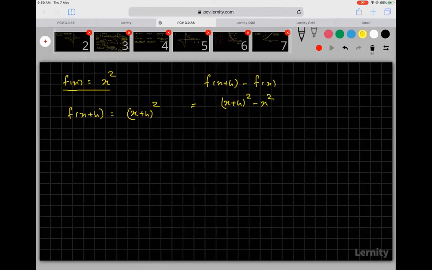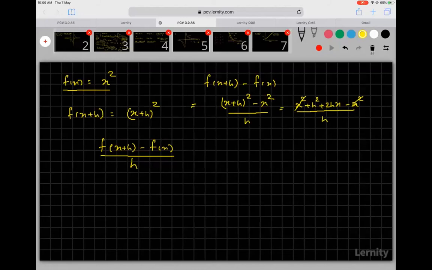Now suppose I am asking you, can you find out f of x plus h minus f of x divided by h? So it is this divided by h. Can I say this looks like x square plus h square plus 2hx minus x square, all by h? Do you see that these two get cancelled?